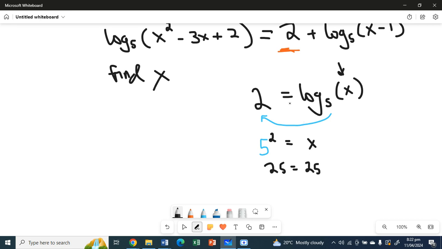Therefore, 2 is the same as log 5 of 25. Then this x here, you're going to replace it with 25. So that this expression here, we can substitute it with that 2 there.